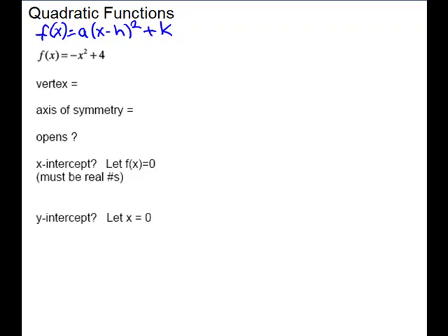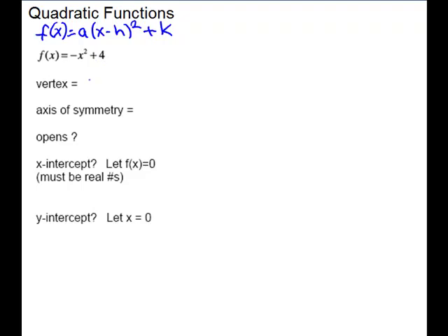Let's look at our next one. This one might not appear to you in this standard form, but it actually is. Our a is -1, and we don't have the parentheses. What would the h have to be to not show up? 0. So here our h is 0, and let's go ahead and put our vertex. So we're going to have 0, and then this one will be whatever sign is there.